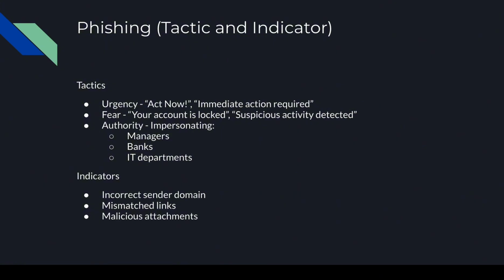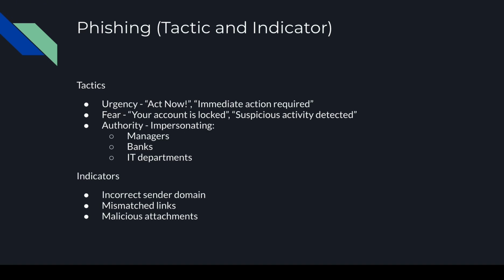And that's the best way to think like a security analyst: you need to know that the tactic explains the intention while the indicators confirm the threat. And one more thing about content indicators: they're suspicious, just not proof. They're not a guarantee of phishing, but they raise suspicion.